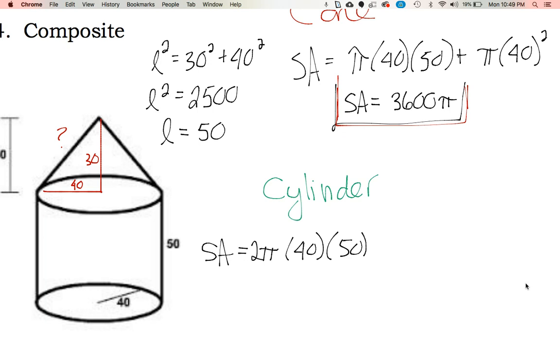So 2 pi r times h. So that's circumference 2 pi r times height plus 2B, which is pi r squared.